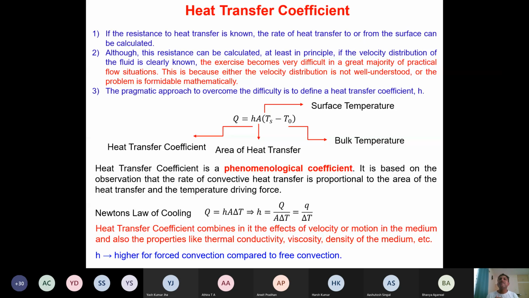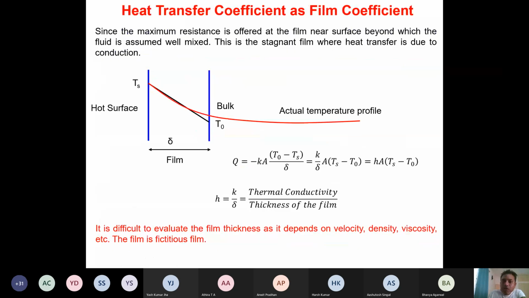So our analysis becomes simplified. We don't need to solve a complex problem involving coupled heat transfer with momentum transfer. Rather, we are looking at only the heat transfer problem, and the effect of momentum transfer and other things is embedded directly in this coefficient h. So that was the background.